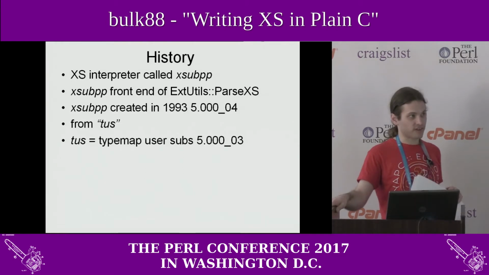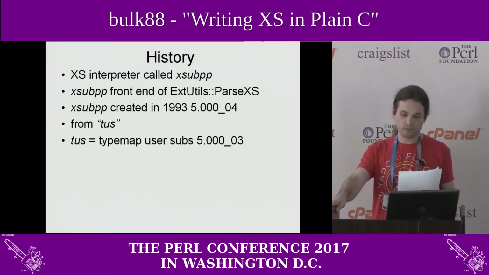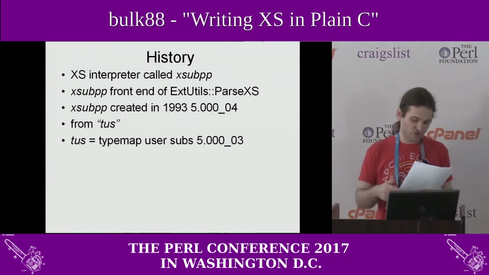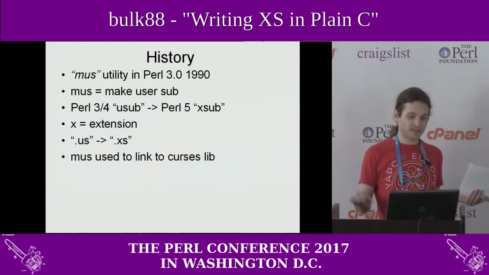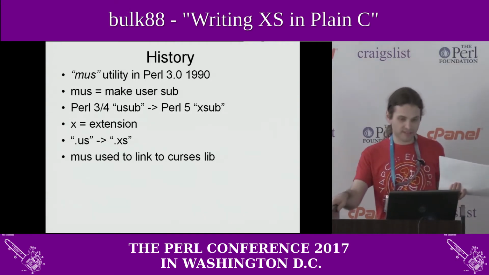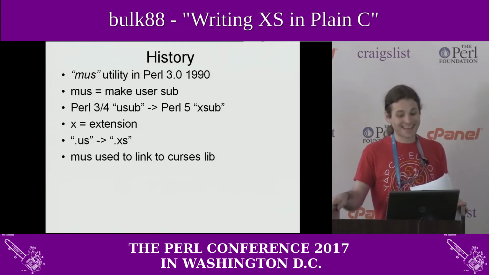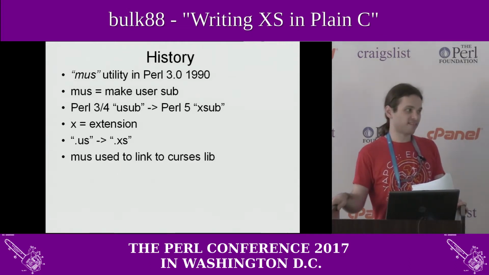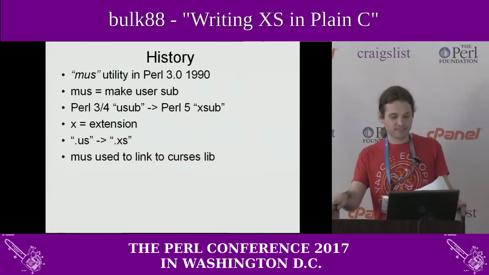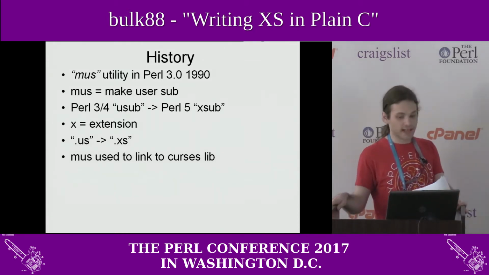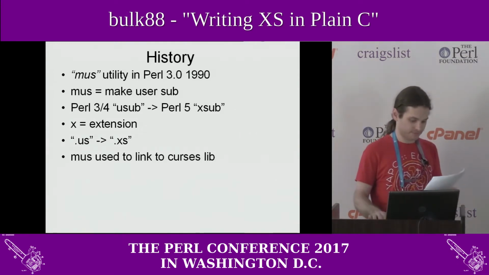It's a source code derivative of a tool called TUS, or Type Map User Subs, that was in Perl 5 Alpha 3 in 1993. TUS has an even older predecessor called MUS for Make User Subs, which is from Perl 3 from 1990. So XSubPP is very ancient in its code base. MUS was originally invented by Larry Wall, probably to link to the curses library.